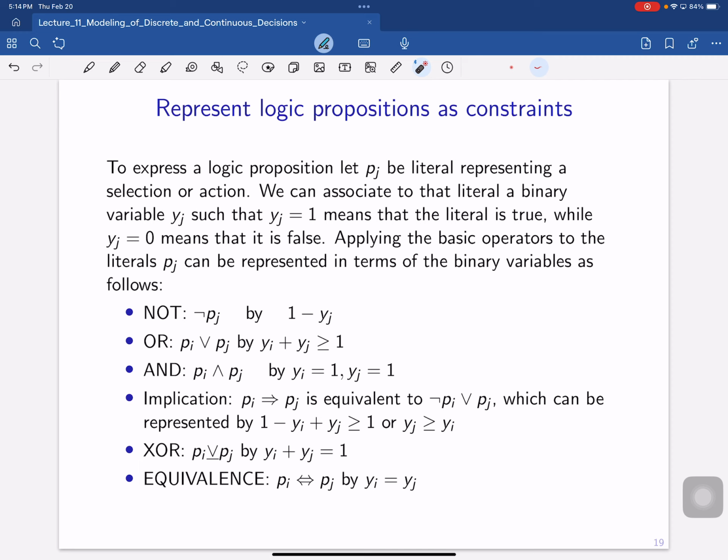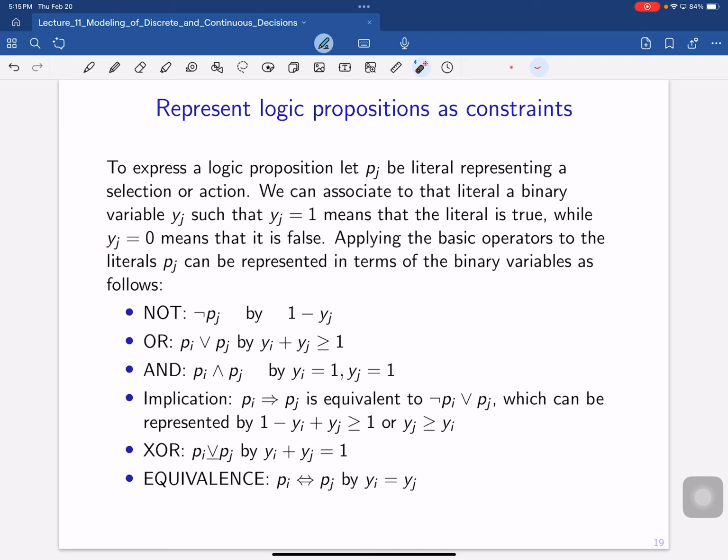You can think about Pj as a literal. A literal is like a logic variable that can be true or false. And y is a binary variable that takes value 0 or 1. So when this logic variable or the literal is true, then yj equals 1. Otherwise, when the logic is false, then you represent yj equals 0.